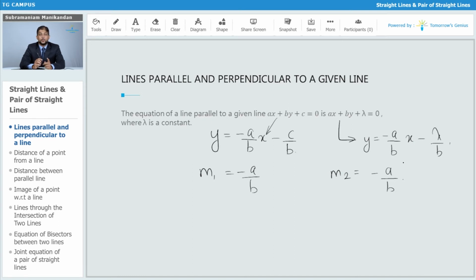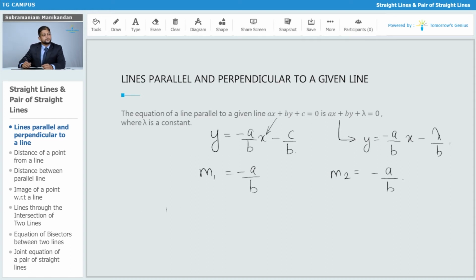Thus, the equations of lines which are parallel to each other will always have the same x and y coefficients. Always it will be of the form ax plus by plus one constant equals 0, ax plus by plus another constant equals 0. These always represent a pair of lines which do not intersect each other on that plane.